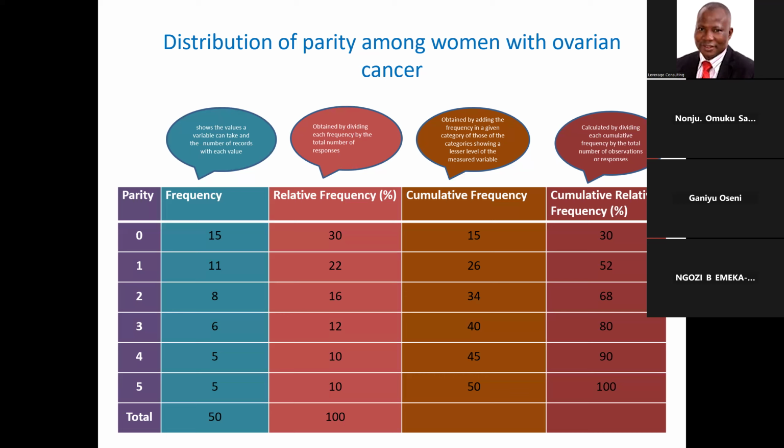Imagine now, you are commissioner for women affairs or health in your state, and you are having some program for women, and it has to do with their parity, maybe the number of times they carry pregnancy to term.